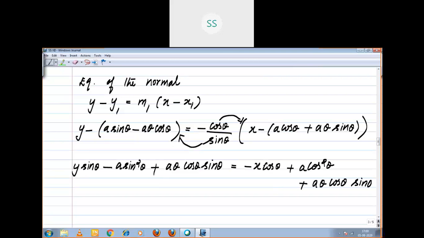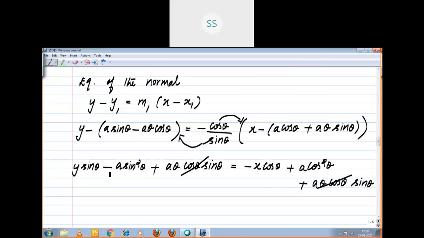You have to be very careful, children. Here also plus a theta cos theta on both sides, with the same coefficient and same sign, so you can cancel.